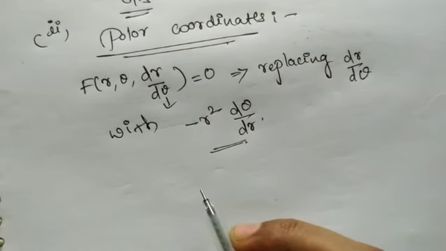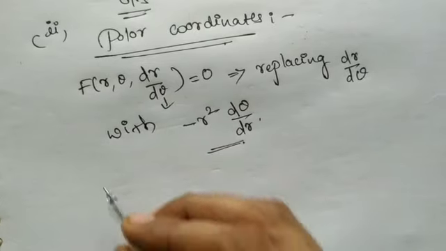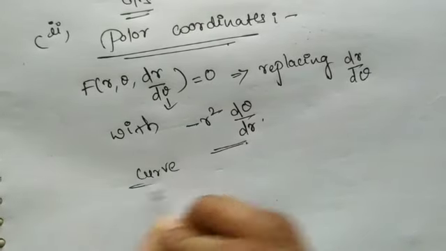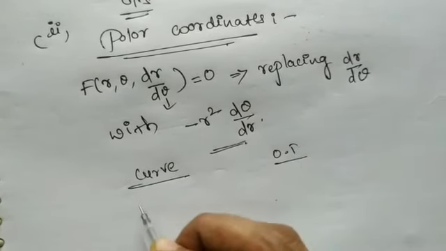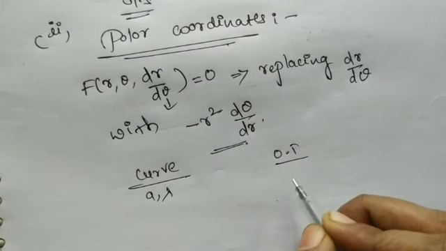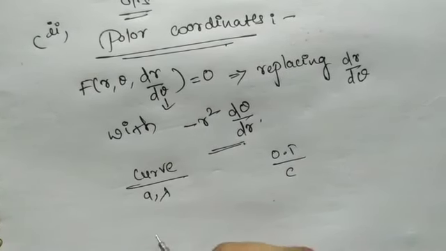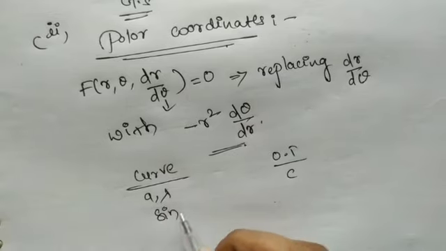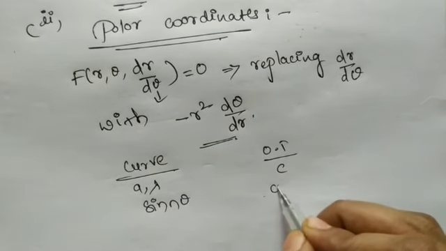Here we have the shortcut formulas, that is, if the curve is in the form of a comma lambda, then the orthogonal trajectory is c. So sin theta, sin n theta, then cos n theta.